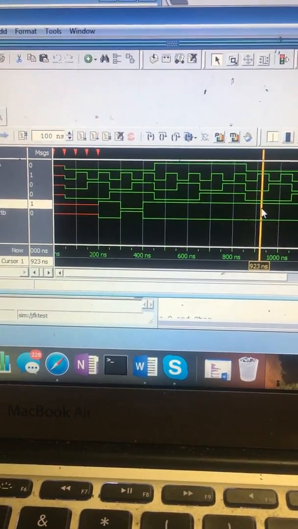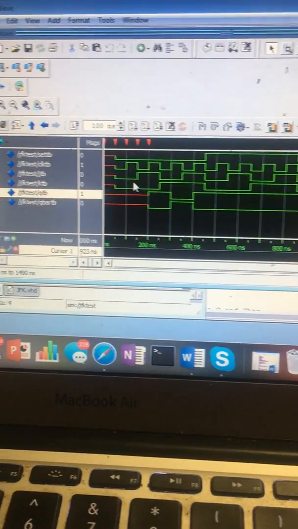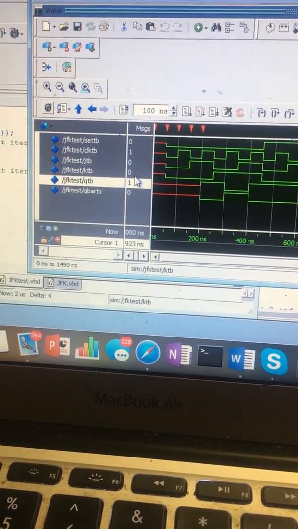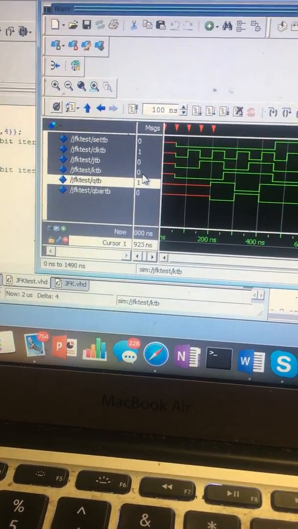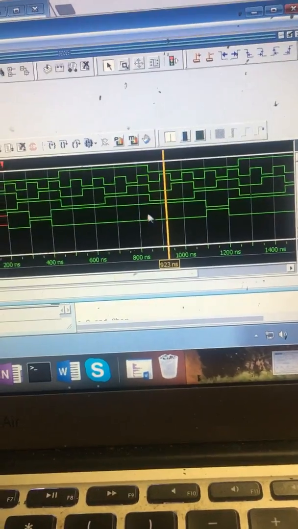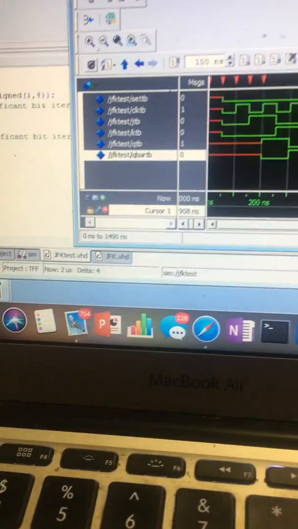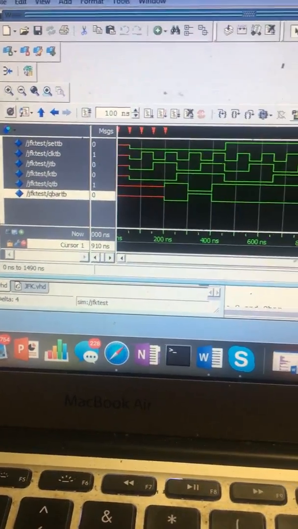And if we go on, we notice that the clock is on and J and K are both at 0, which means that it is a hold, which we see here. It stays at 1, 0 as far as the output for Q and Qbar. And that completes our simulation.